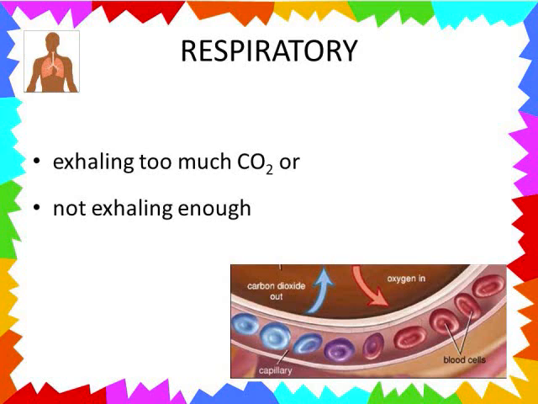And remember, the capillaries around the alveoli are where the oxygen goes into the blood system, and the carbon dioxide comes out into the lungs to be expired with the next breath. So since respiratory imbalance has to do with carbon dioxide, it has to do with either exhaling too much carbon dioxide or not exhaling enough.